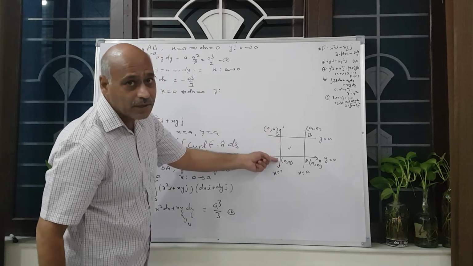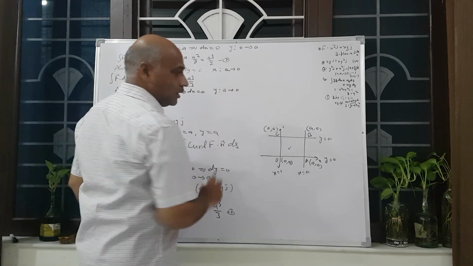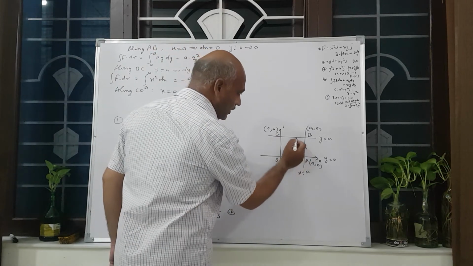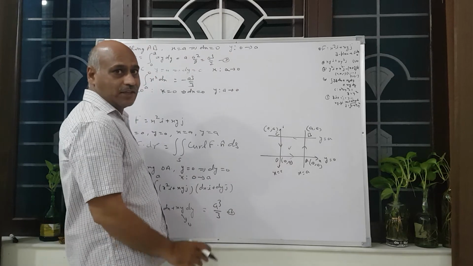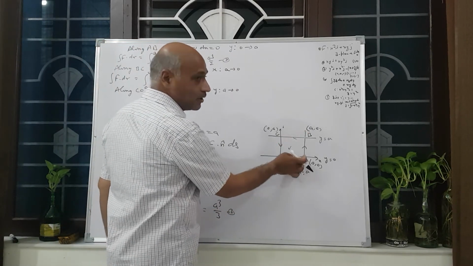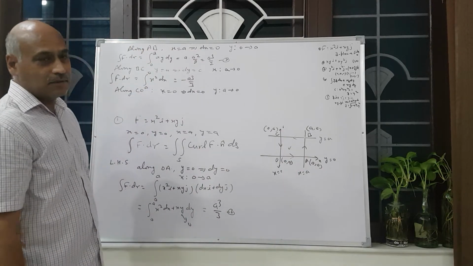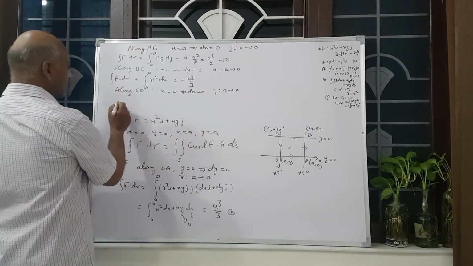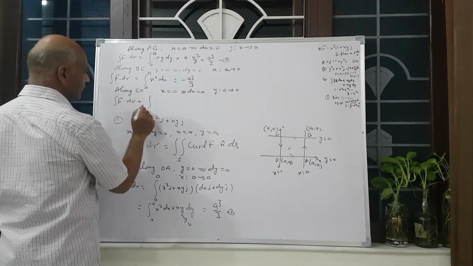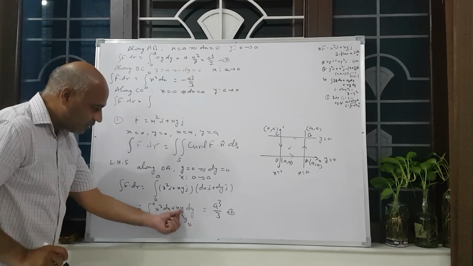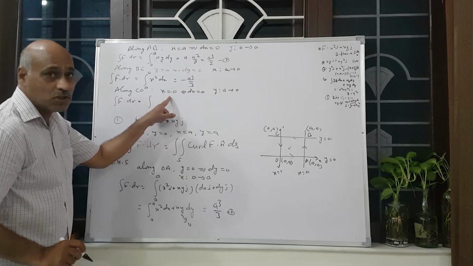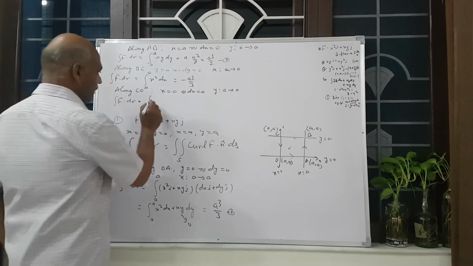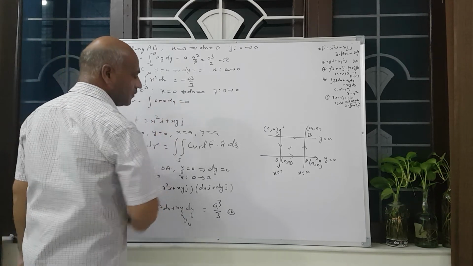We have to integrate in the same direction, like this, so we cannot go first here to here and then here to here. If we do it like that, then we have to change the sign. So f dot dr: x y dy, what is x? X is 0. So we put 0 and this becomes 0. Then 0 plus 0 is 0.